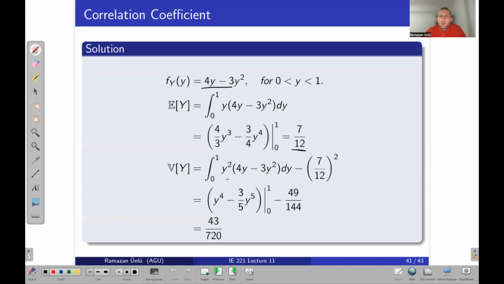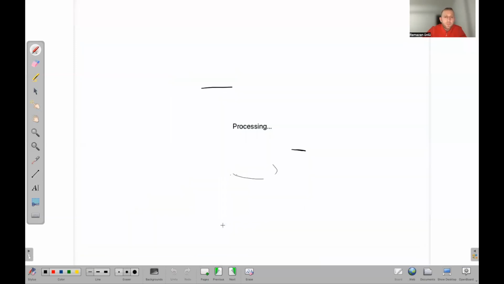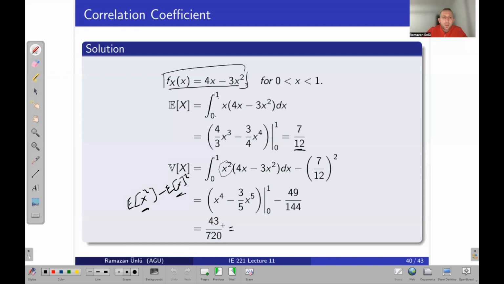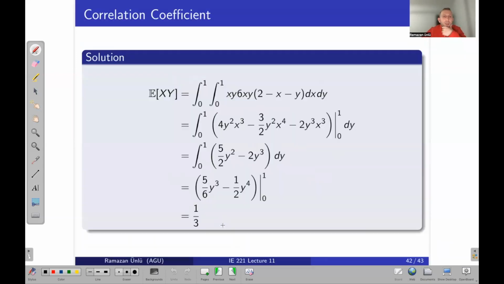We just need to calculate the second moment, which is y squared times the corresponding marginal PDF. If you do that simple integration, again, you will get 43 over 720, okay? So the variance of x and variance of y are the same, and also the expected value is the same.